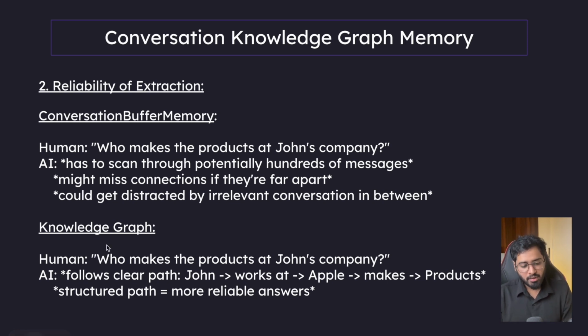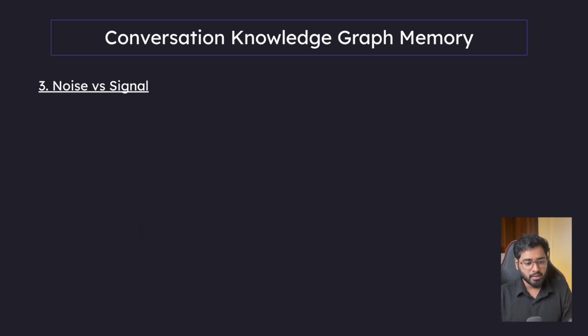But in a knowledge graph, when the human asks who makes the products at John's company, the AI follows a clear path: John works at Apple, makes products. It is a structured path. The LLM doesn't have to work as much. You save context limits, you save a lot of money as well, and at the same time you get more reliable answers.